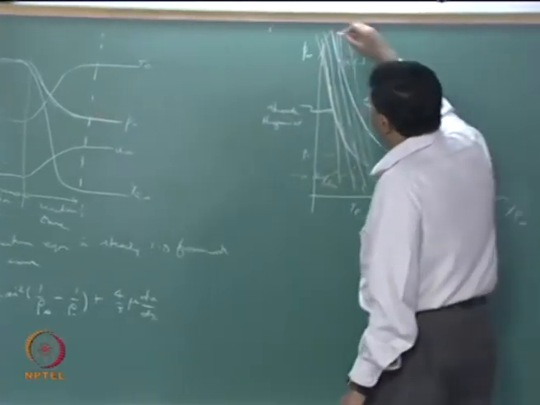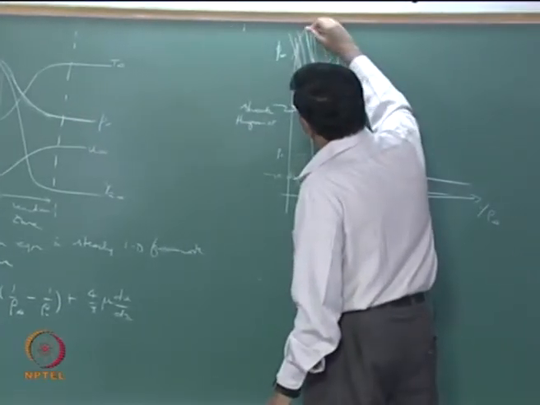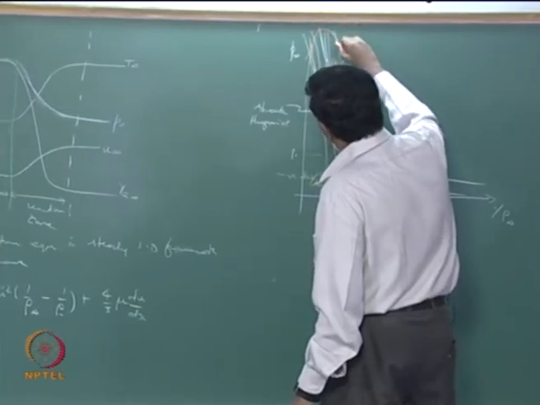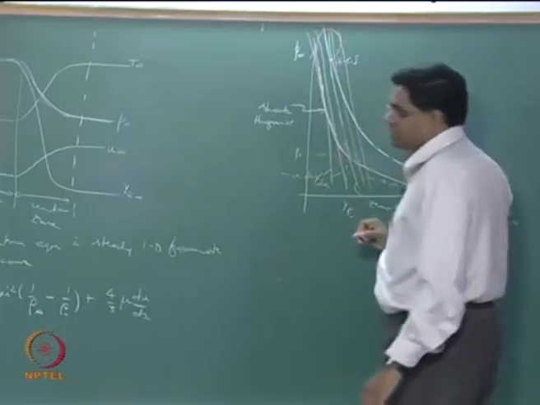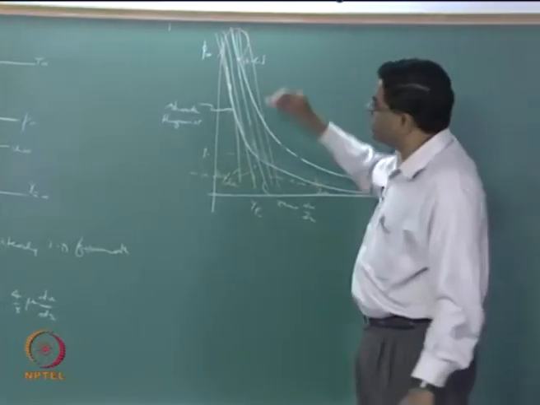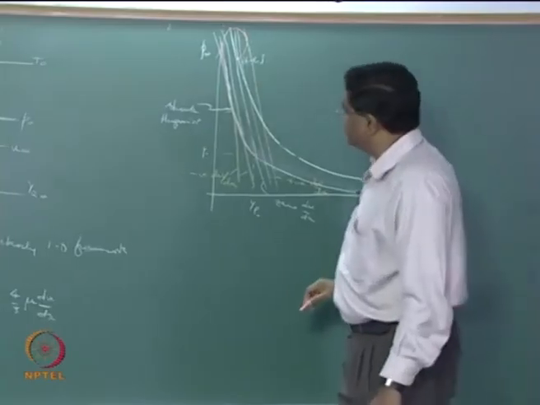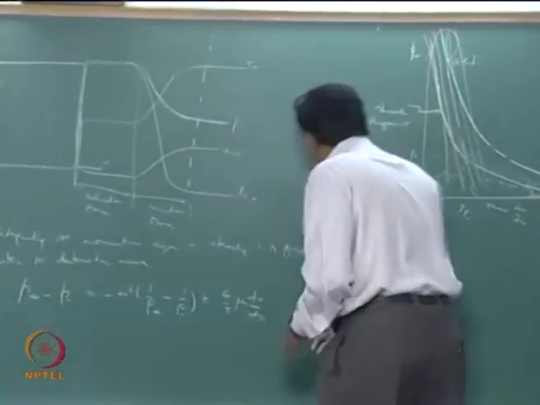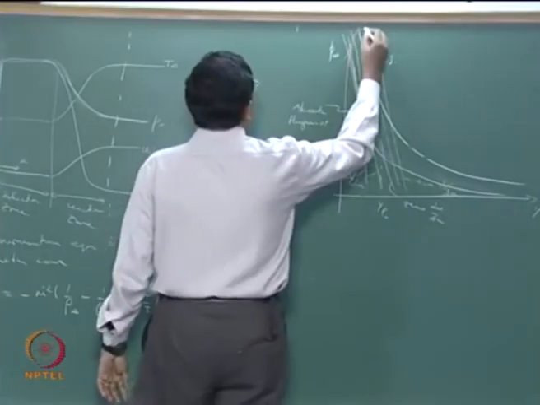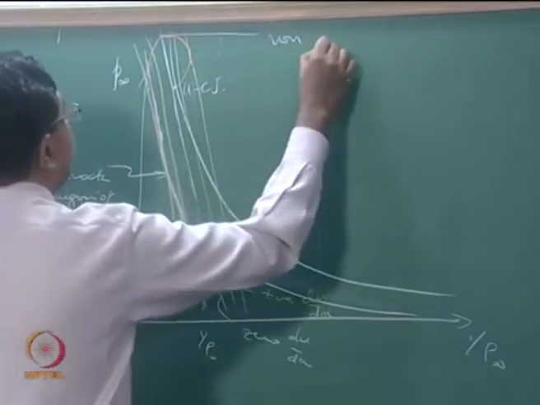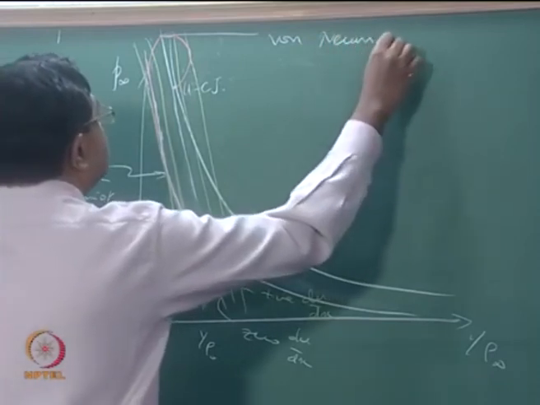Therefore you reach the situation where you have this peak, and then you go through positive du by dx lines and come back to the 0 du by dx Rayleigh line. So this basically means that you are now going to have a peak that is called the von Neumann spike.